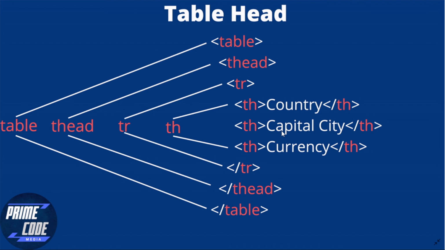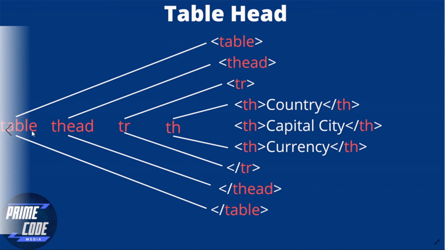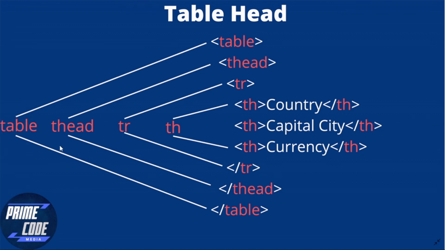To wrap up, let us again take a look at the syntax. Here we have the table head. As I said earlier, we first have the table element. We include the table element. That is the first thing that you do. And then inside the table element, we have the table head. Inside the table head, we have the table row.